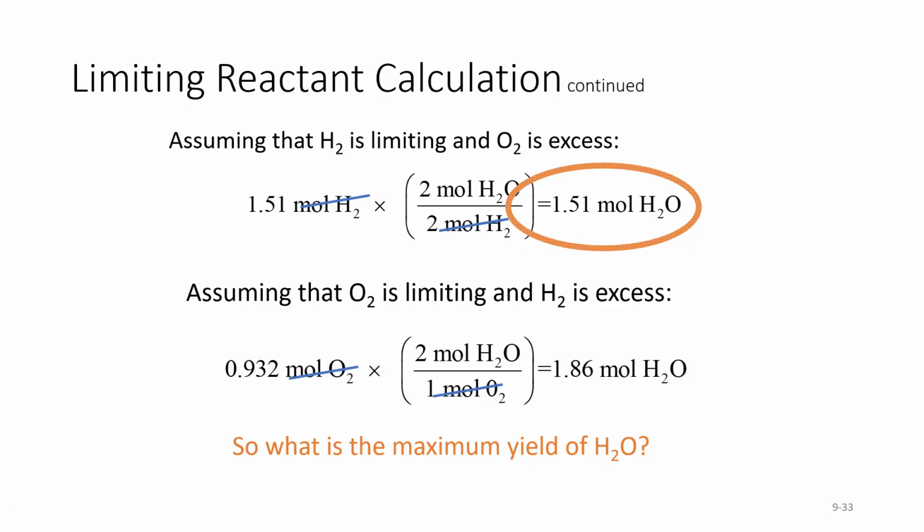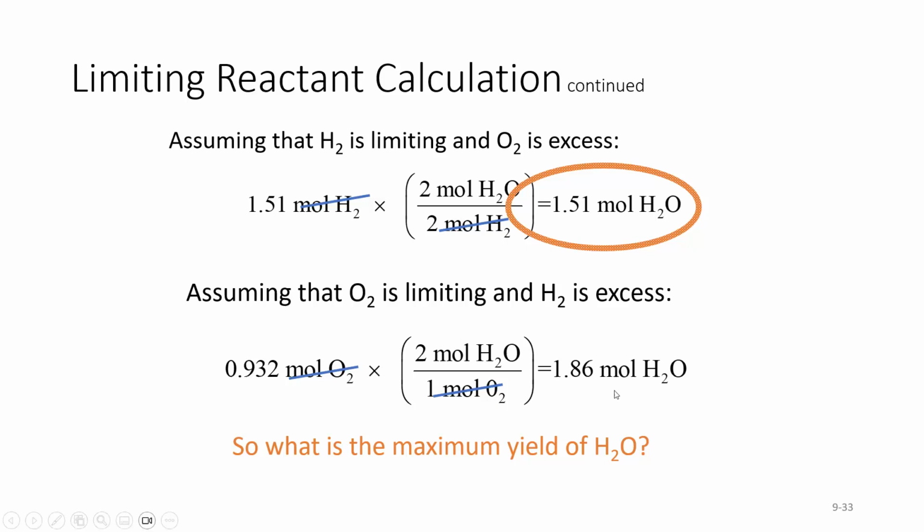Now we compare. Which one of these produced the smaller number? 1.51. So the theoretical yield, or the maximum yield of water, is the lower of the two numbers. Even though we can produce 4 bikes with the 4 frames, we can't because we only have 3 pedal assemblies.